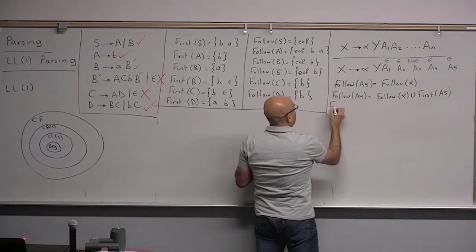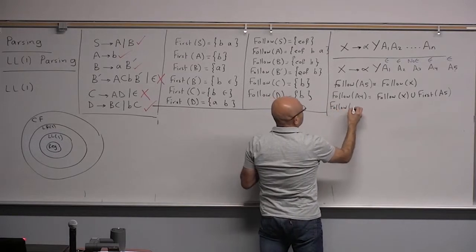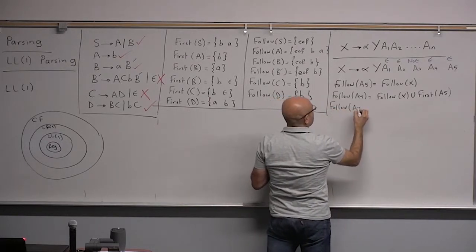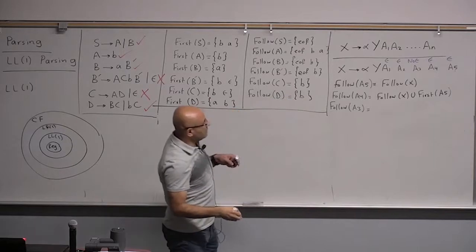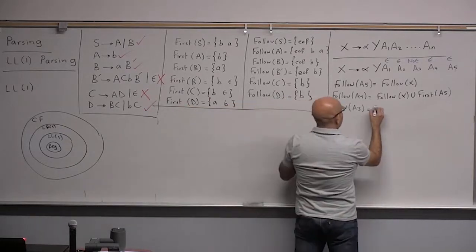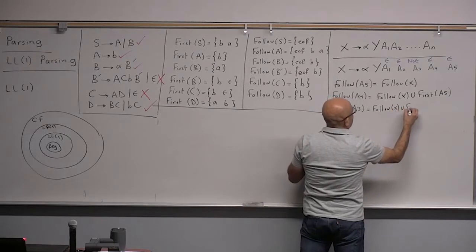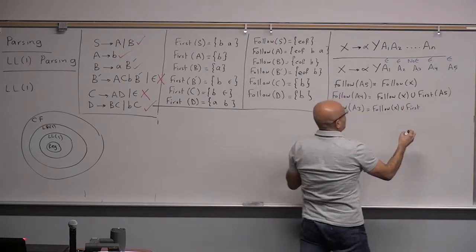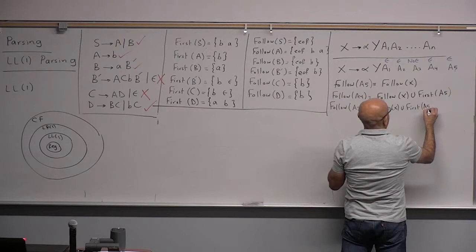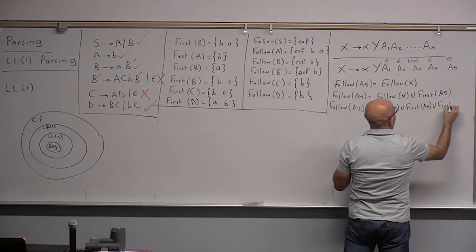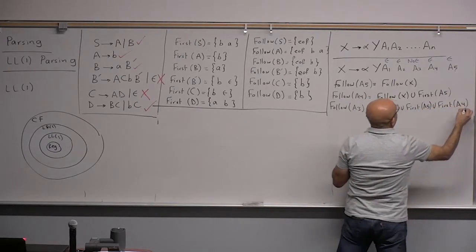And what's the follow of A3? The follow of A3 is going to be follow of x union first of A5, union first of A4.